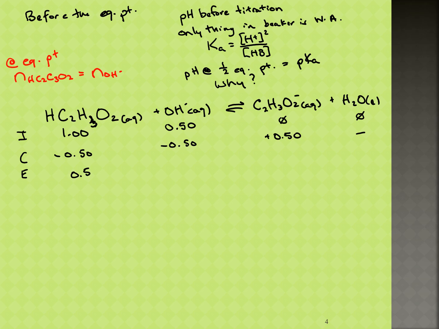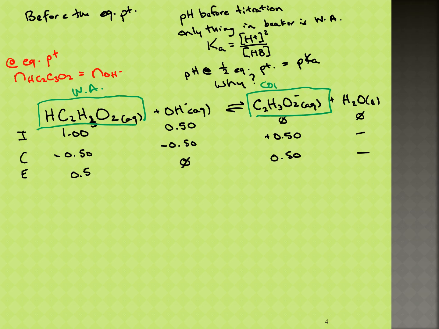So we're going to have this halfway to the equivalence point. Notice that I'm going to have a weak acid and the conjugate weak base. This is, number 1, a buffer.